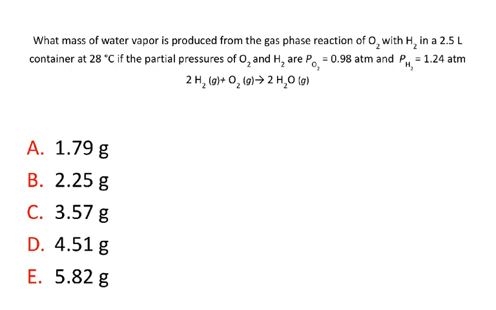There are a couple ways you can do this. What I'm going to do is solve for the total number of moles and then use my mole fractions, my partial pressure fractions really, to get my number of moles of each substance. So I know that my total pressure is 0.98 plus 1.24, which is 2.22 atmospheres. My volume is 2.5 liters.